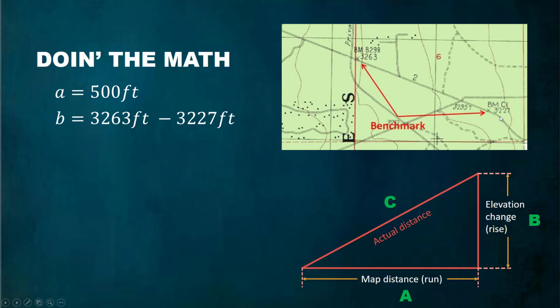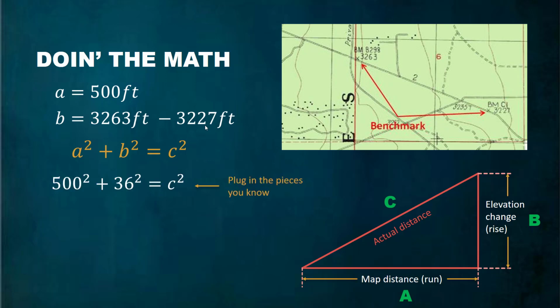So I just need to find the difference between the two. So 3,263 minus 3,227, that's going to give me my elevation change. We plug that in here, right? a squared plus b squared equals c squared. So a squared, we take 500 and we square it. b squared, the difference between these two numbers is 36, so 36 squared equals c squared.